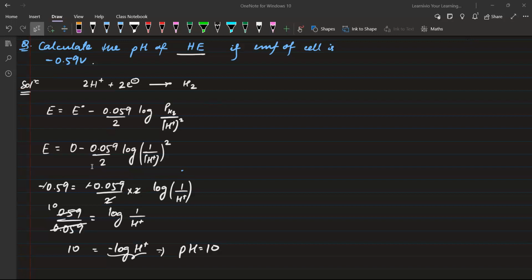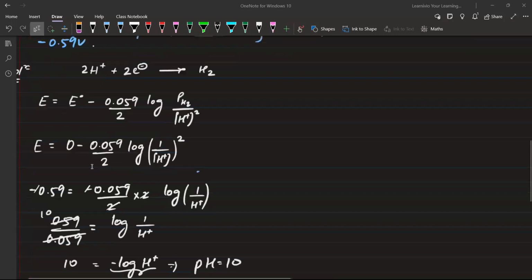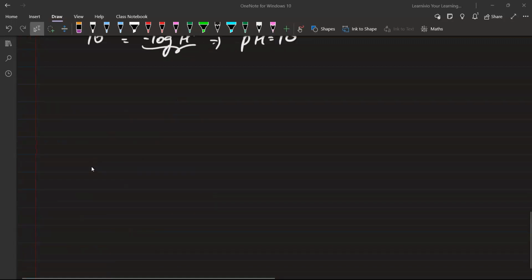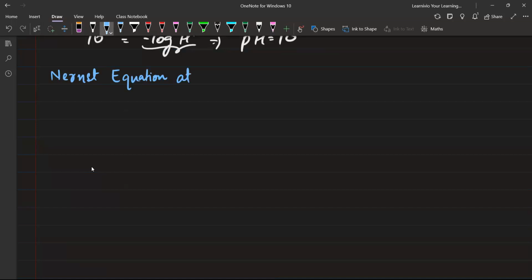Right, next, Nernst equation at equilibrium.